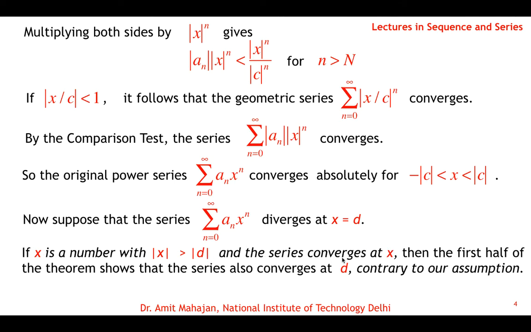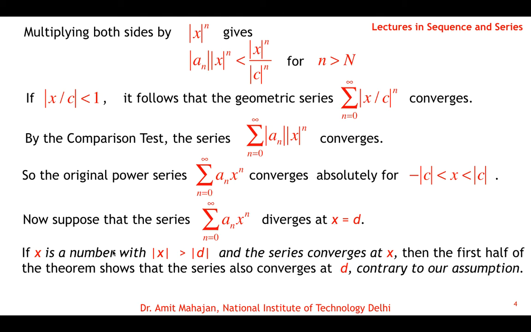If the series converges at this x, then part 1 says that the series must converge for all x from minus capital X to this capital X, and because d is less than this, it must converge at d. But that is not true because it is divergent at d.